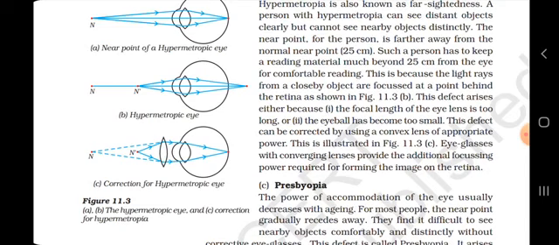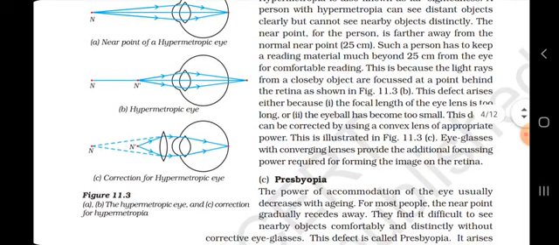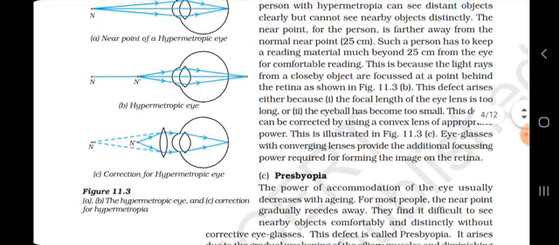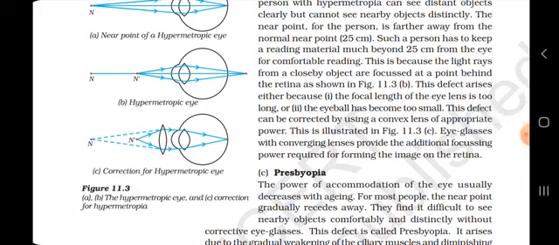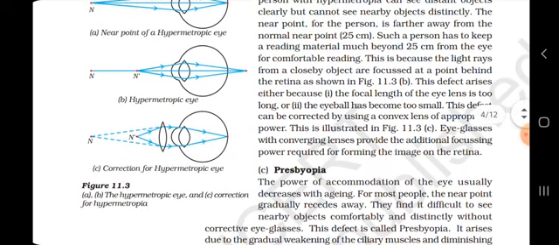So for that we need to find the correction, and the correction is the convex lens. With the convex lens, the image is formed exactly on the retina. Fine, I hope you are clear with this.